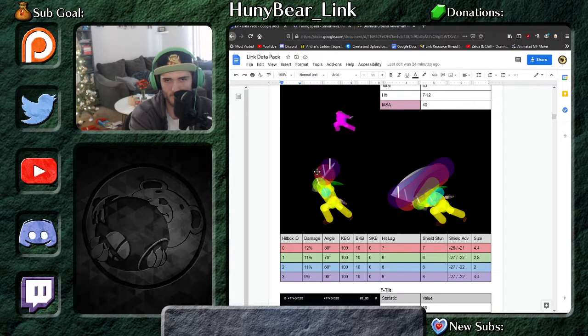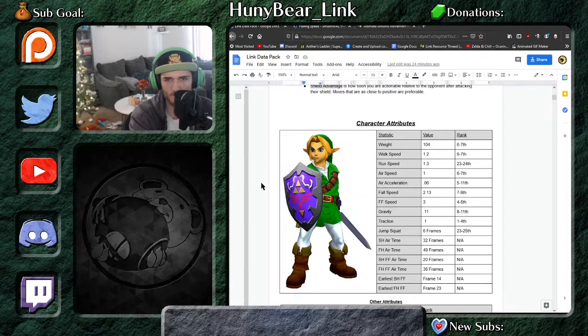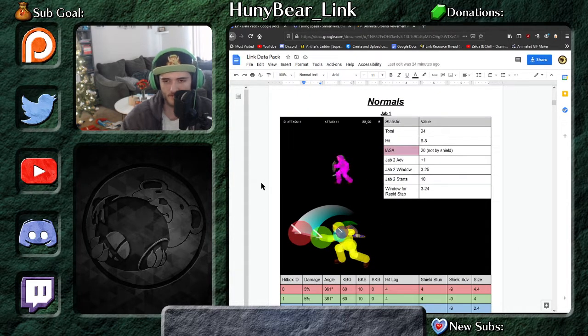So you want the red hitbox, right? If I were to hit somebody with the purple and the red at the same time, hitbox ID 0 will out-prioritize hitbox ID 3. So I will do 12 damage instead of 9. So that's how the game prioritizes which attributes are going to be applied to the opponent if 2 hitboxes were to hit you at the same time.